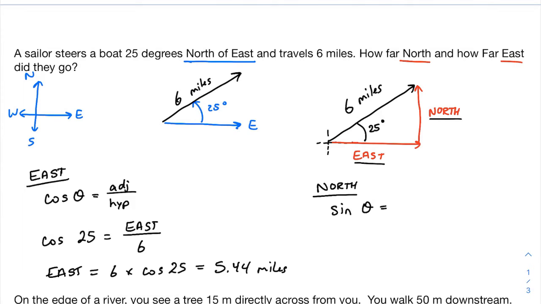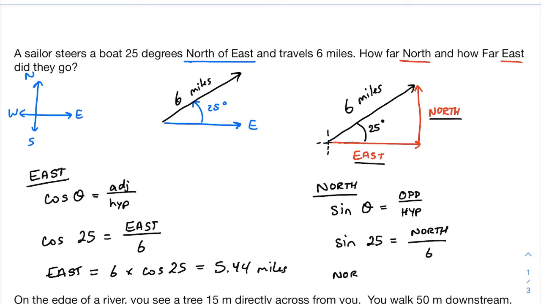So I would encourage you to continue using SOHCAHTOA to find these, just because it's good practice. So again, sine of theta is equal to opposite over hypotenuse, which in this case would be sine of 25 equals my opposite side, which is my north side, over my hypotenuse of 6.